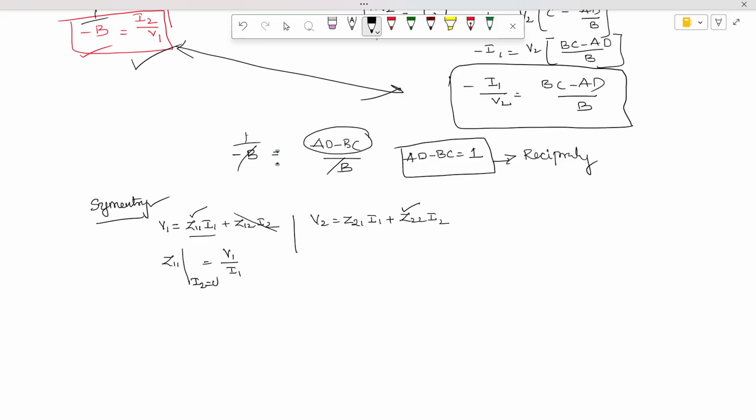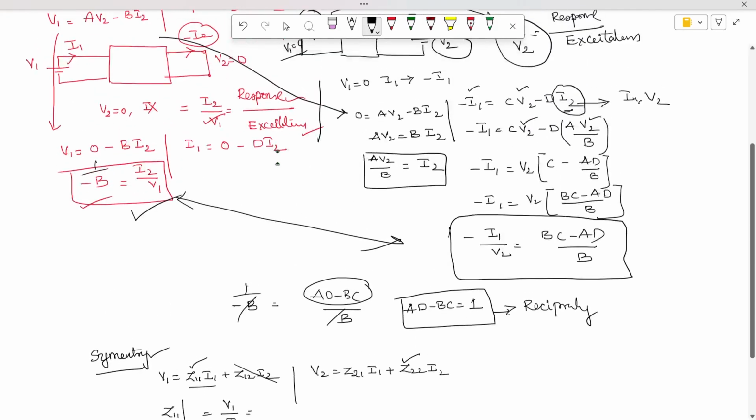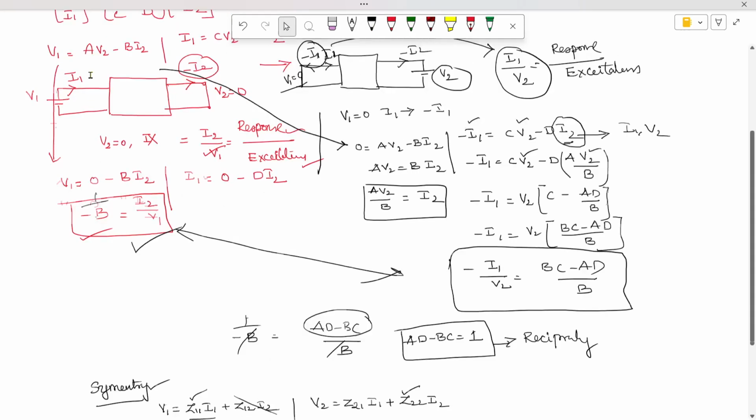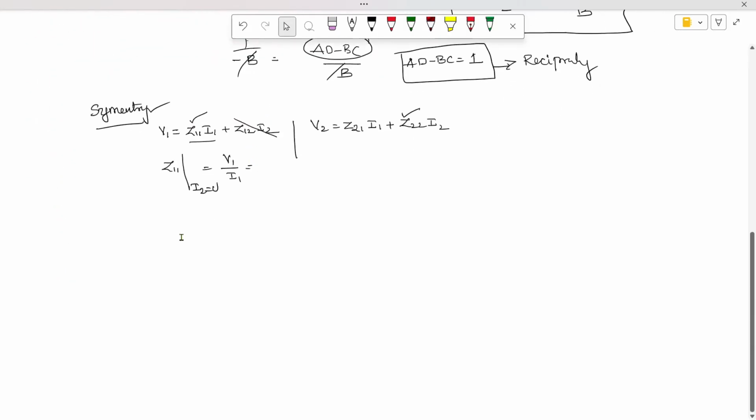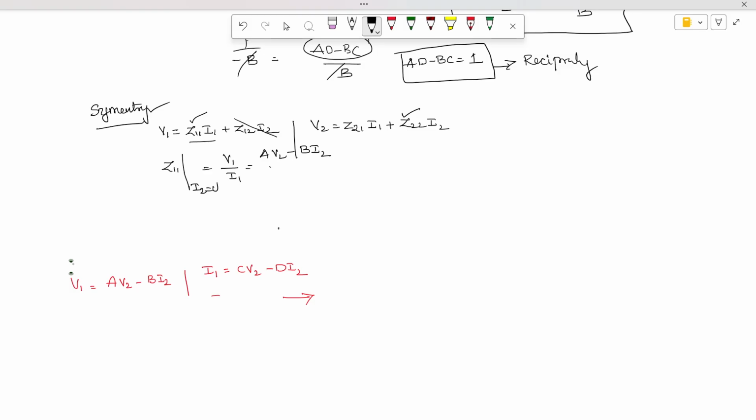So now substitute the same as how we got here in these expressions of ABCD parameters. When you resubstitute here, the value of V1 is AV2 minus B I2, divided by I1, whose value is CV2 minus D I2.